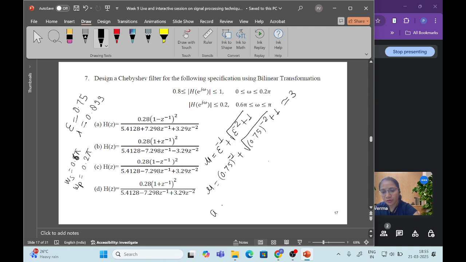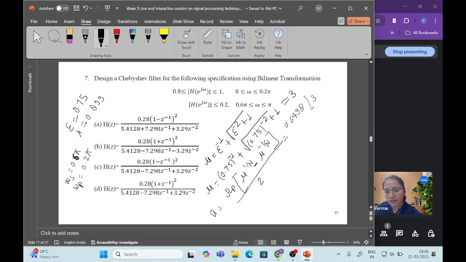Okay. So A is equal to omega p times mu to the power 1 by n. Here A and B are the constant values of the poles and zeros. So mu to the power 1 by n minus mu to the power minus 1 by n, okay, and divided by 2. Now put the value of mu here. So omega p we have already calculated, that is 0.6498, and just put the value of n.